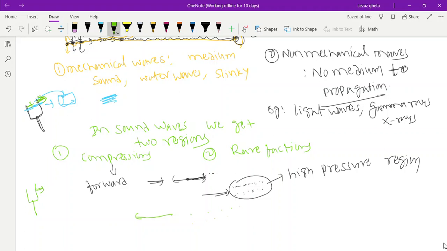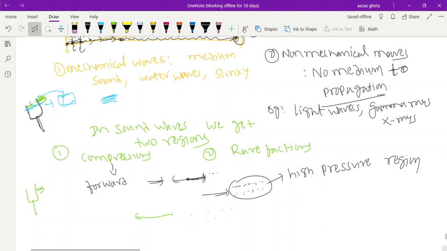That region is called rarefaction. In compression the air is pushed, but here the space between the particles is increased. Simple definition, I repeat: when a vibrating object moves backward, it creates a low pressure region. This low pressure region is called rarefaction.